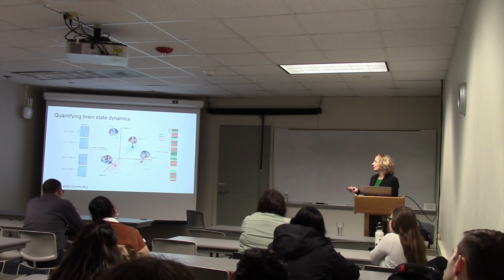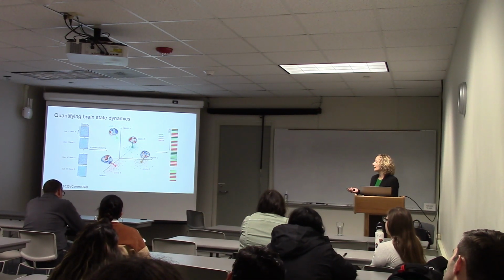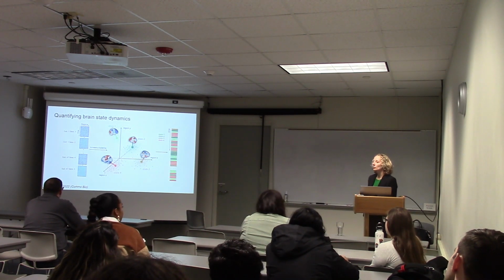When we have these states, we can reconstruct for each subject and session the state time series, meaning how each TR is assigned to a specific state. For each subject, you get a vector the length of the time series that tells you which state that particular brain pattern was assigned to over time.